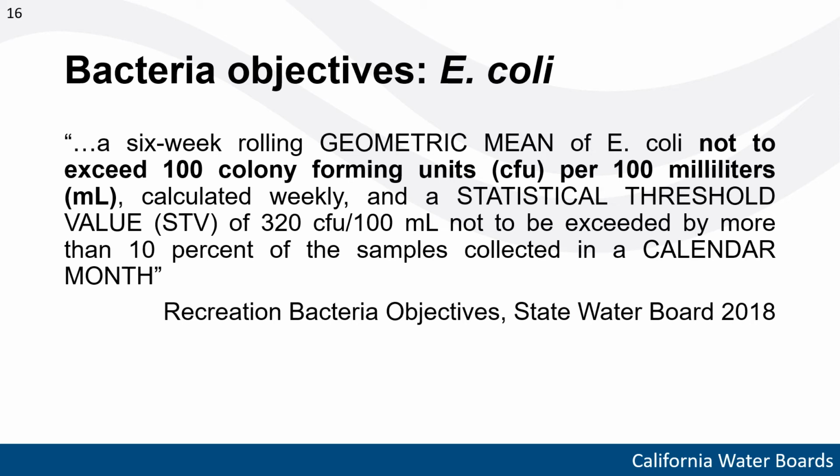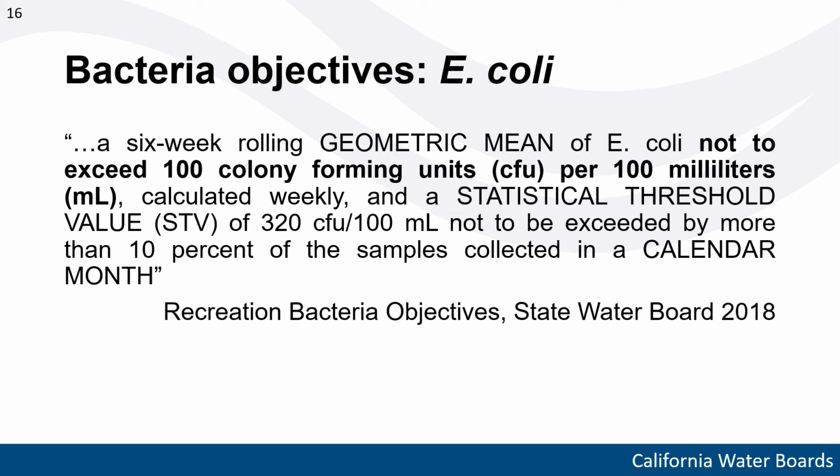This E. coli objective is also in 2 parts. Again, this objective provides an allowed concentration of bacteria in a surface water measured as an average over a 6-week period, or measured as a single data point against a higher concentration value.